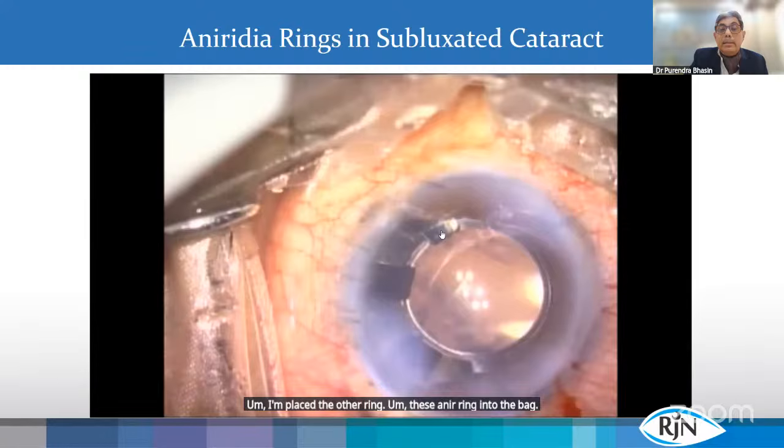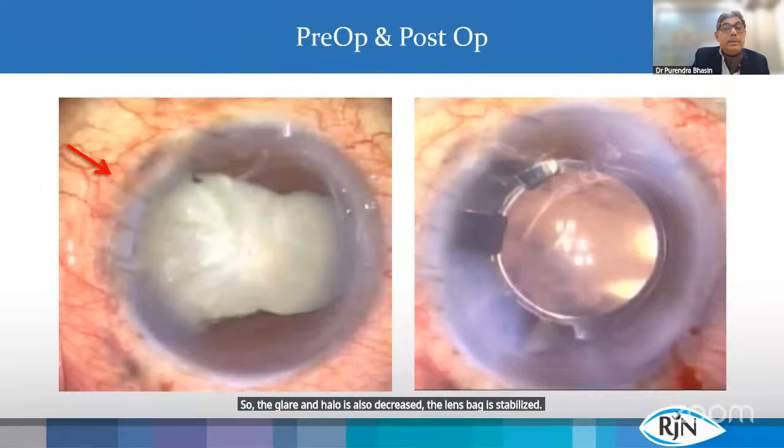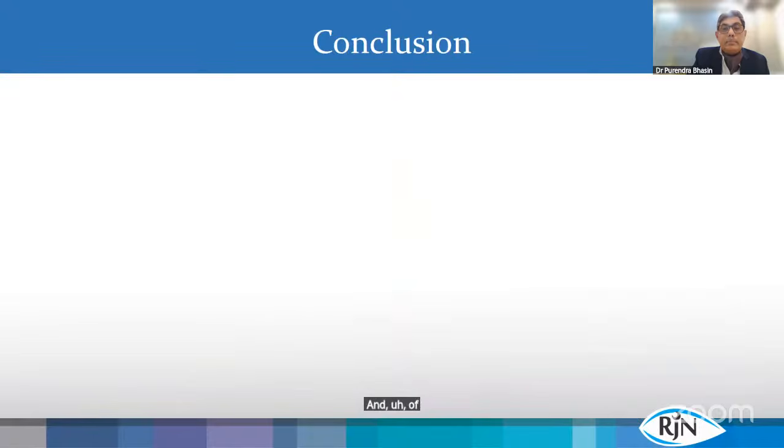So the gaps of the previous ring are covered by the serrations of the second ring. So the glare and halo is also decreased, the lens bag is stabilized, and the patient is happy. So this is the post-operative picture of the same patient.